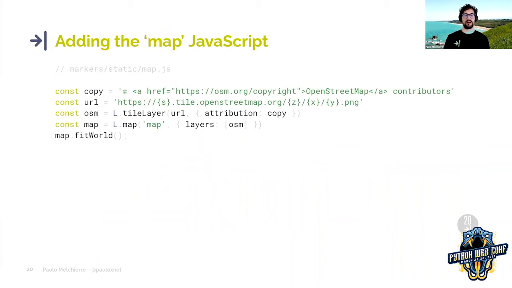In our JavaScript file, we add the code to view our map. Using the defined variables, we initialize an OpenStreetMap layer. We hook the newly defined layer to our map. The last statement sets a map view that mostly contains the whole world with the maximum zoom level possible.